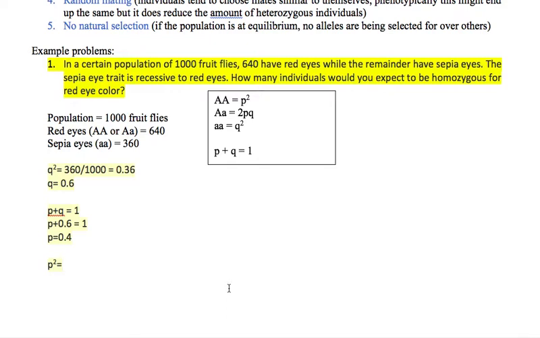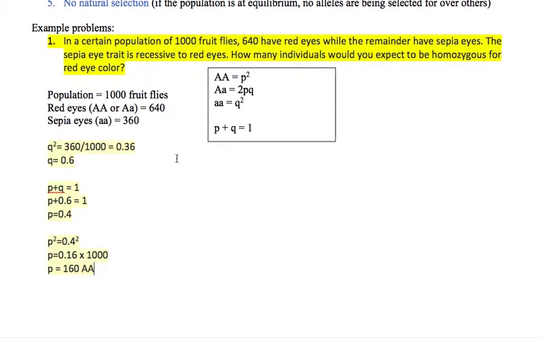So P squared is equal to 0.4 squared, which is 0.16. Now to figure out how many individuals, not just our frequency, I'm going to take that 0.16 and multiply it by 1,000, which is how many individuals we have in our population. And that gives me 160 individuals that are going to be homozygous dominant for the red eye color.